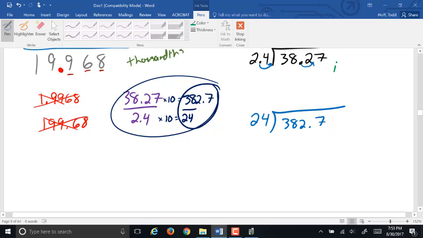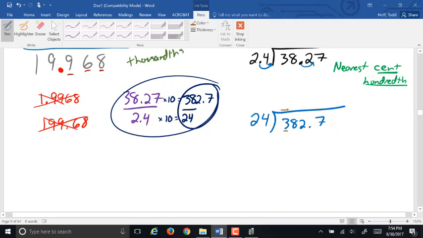Let's say I ask for this to the nearest cent. What place value is implied by cent? Hundredth, right? Two decimal places. So let's do our calculation. 24, does 24 go into 3?